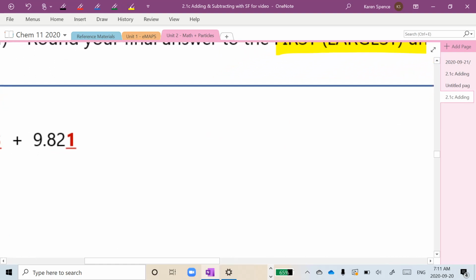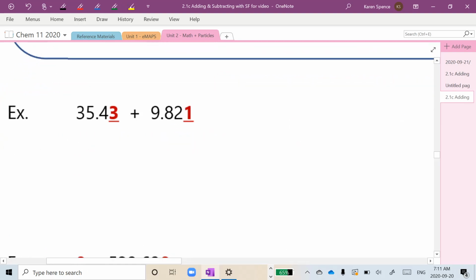Let us try a few more examples. I have this here, and that looks like something where, oh my gosh, I don't want to do that. So I just plug it into my calculator, and my calculator spits out the number 45.251. Now, I look at it and I say, in my hundredths position I have some uncertainty.